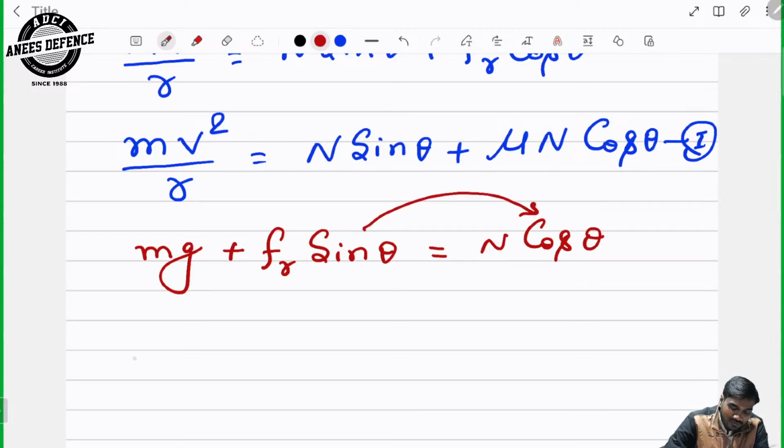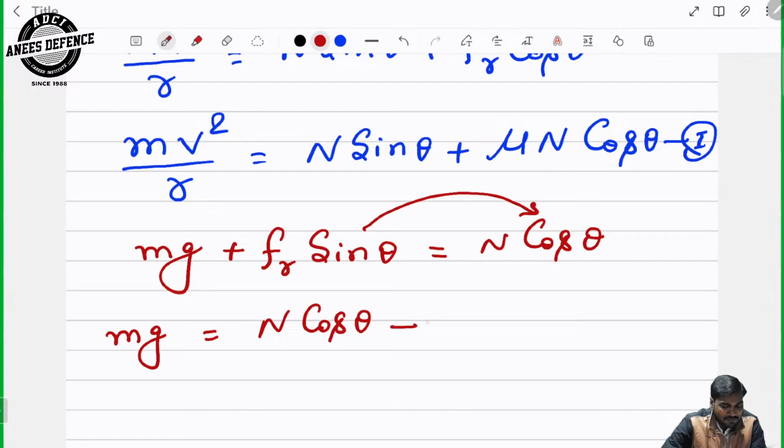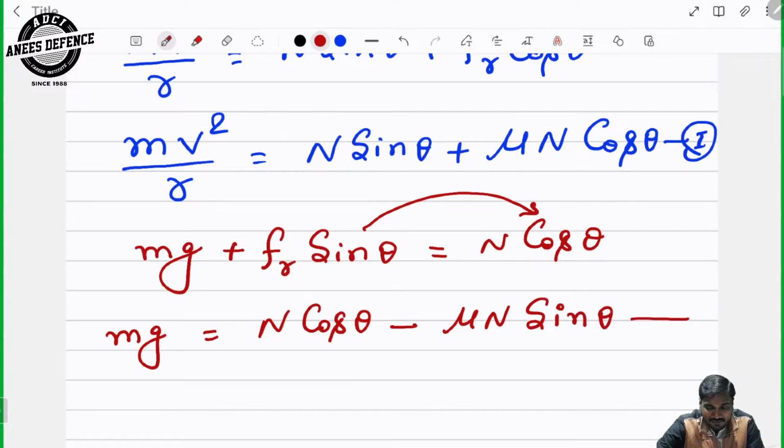What can you write? mg is equal to N cos theta minus Fr sin theta. And Fr is nothing but what? Mu into N. So you can write mu into N sin theta. Very good. Equation number 2. Is it clear?